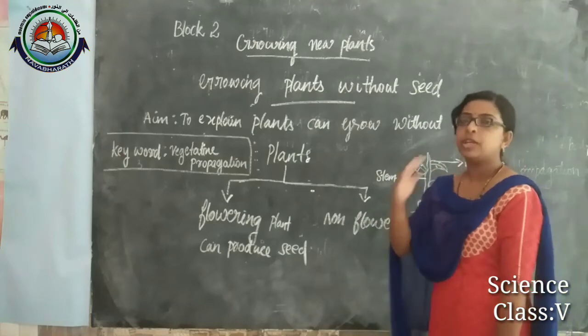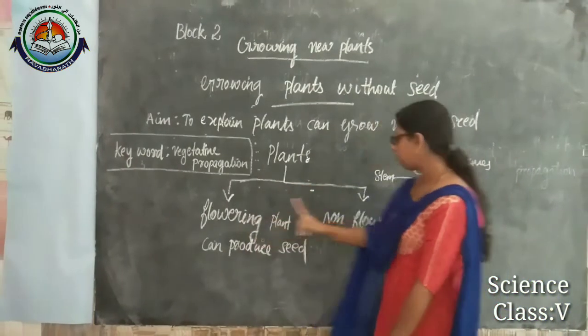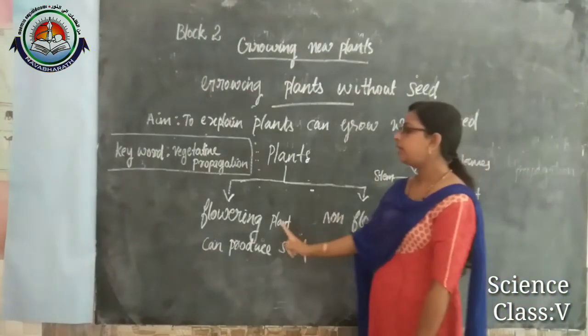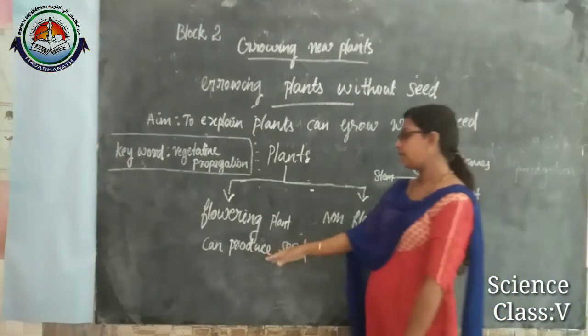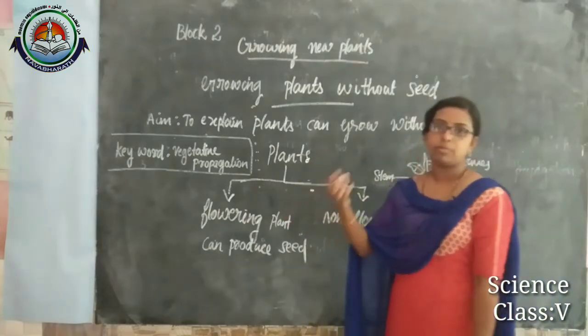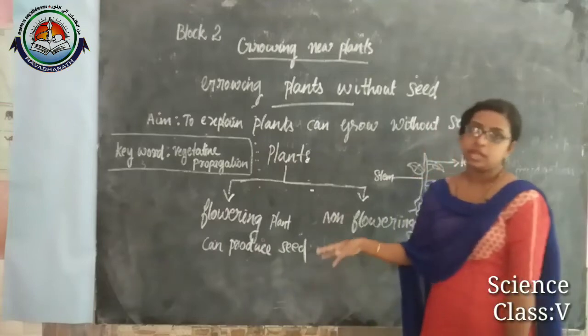We are dividing plants into two types, flowering plants and non-flowering plants. Flowering plants have a speciality, they can produce seed. For example, mango and apple can produce seed.